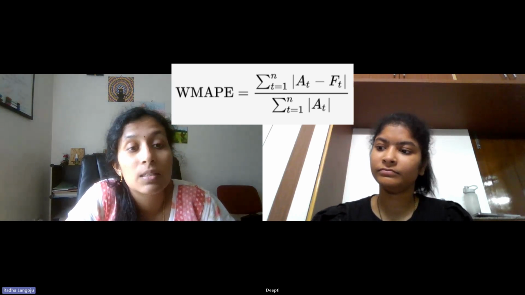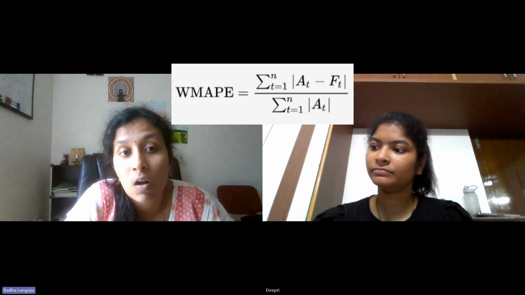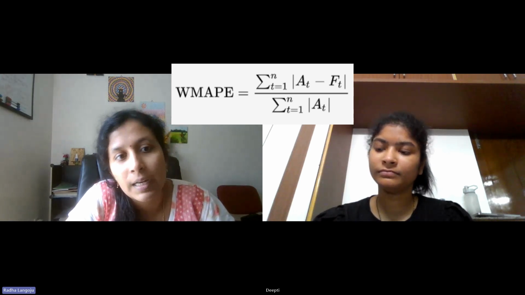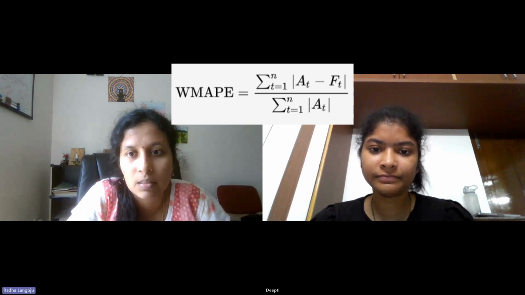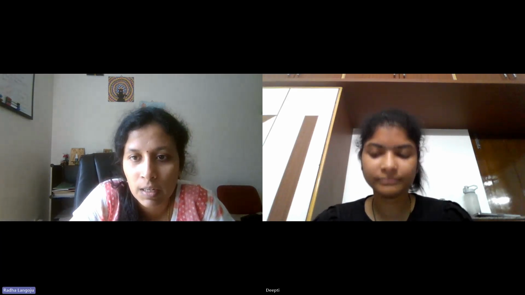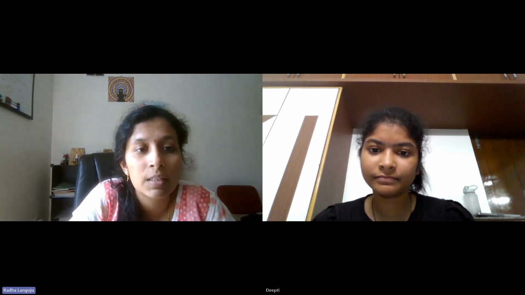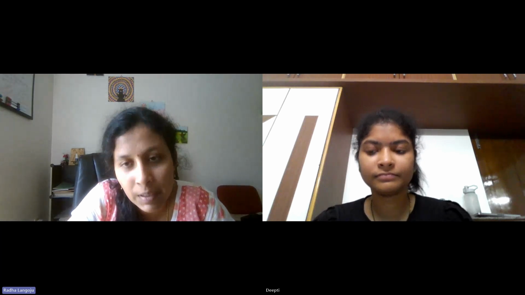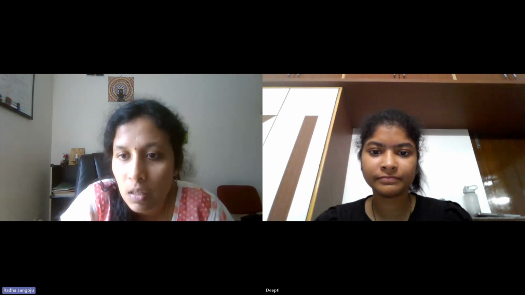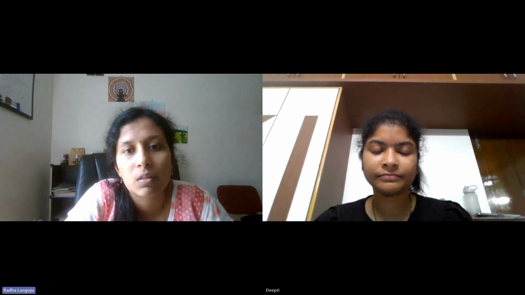Since the actual values are not in the denominator individually now, it is able to overcome the zero or near zero values limitation. And the second thing is, since it's a weighted average, it gives importance to higher actual values, and the variability limitation is also removed.